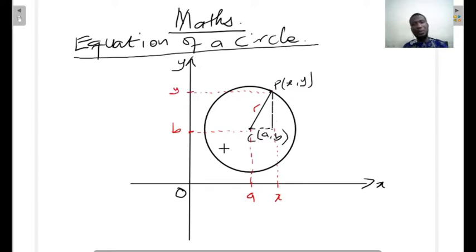So if this happens, then you agree with me that with here being 0 as the origin and here being Y, then this side of the triangle formed, remember this is a right angle triangle.